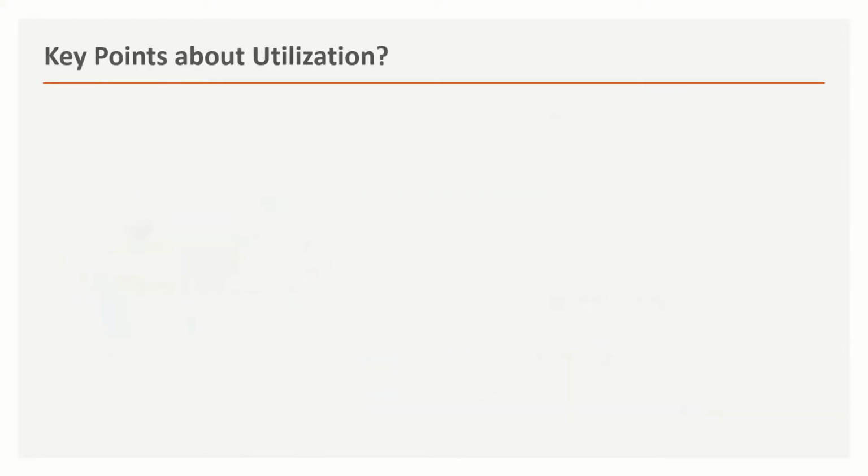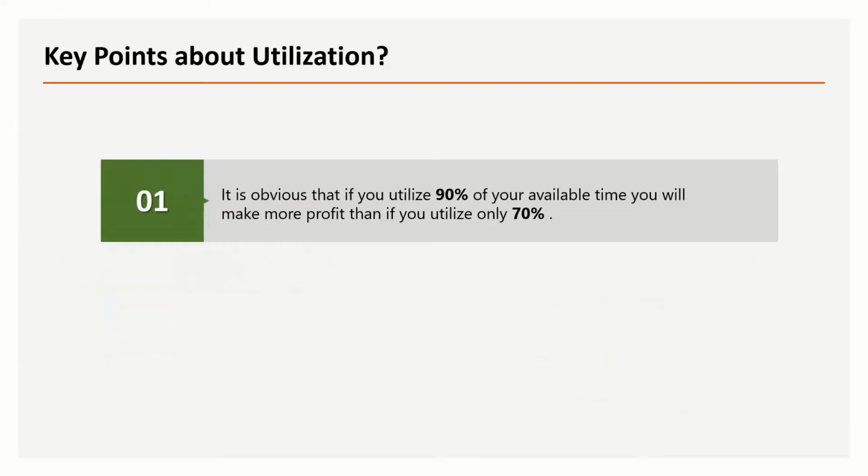Well, the key point is, it is obvious that if you utilize 90% of your available time, you will make more profit, or you will create more value out of your available time, than if you have utilized only 70 or 60% of the time.